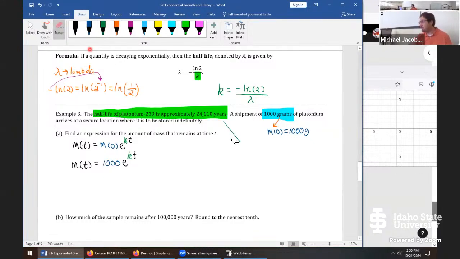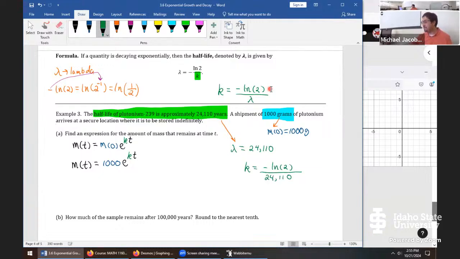From that piece of information, we're given that lambda is equal to 24,110. Then we go back to this equation, the brand new one that we wrote out, and write k equals negative natural log 2 divided by 24,110. So now we have our decay rate.